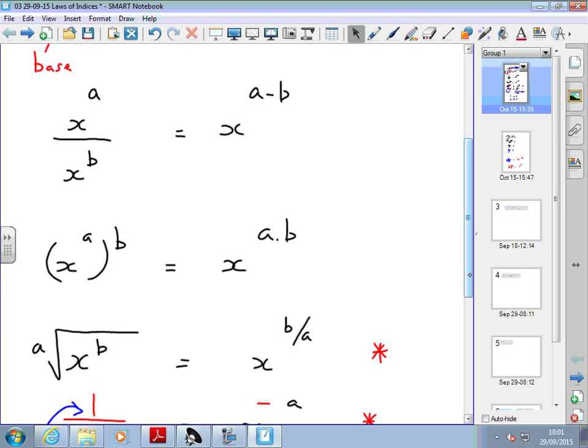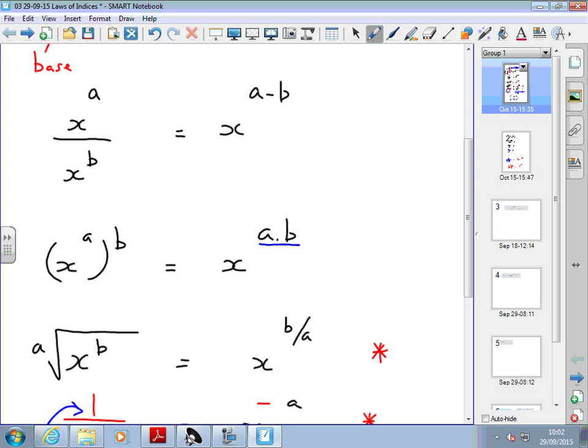The third rule, if you like, the order doesn't matter. If I've got a number raised to a power a here, and then I raise the whole lot to another power b, the law tells me I multiply those powers. And we can see why.